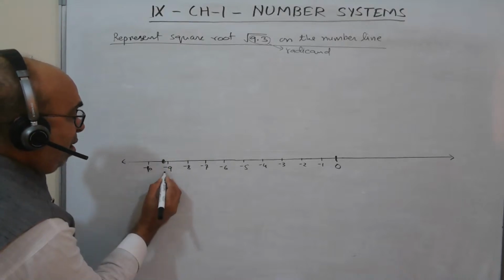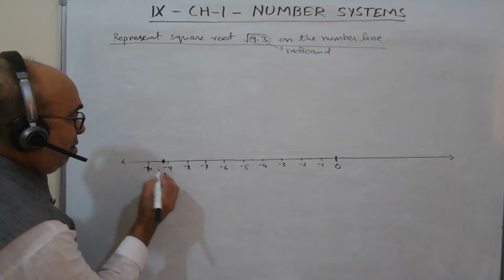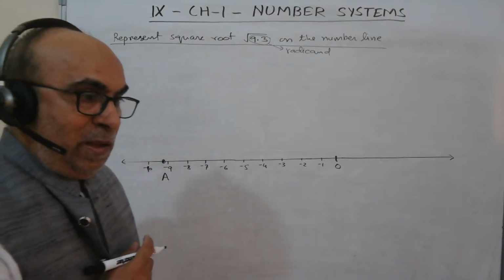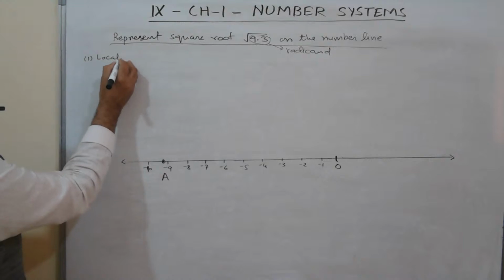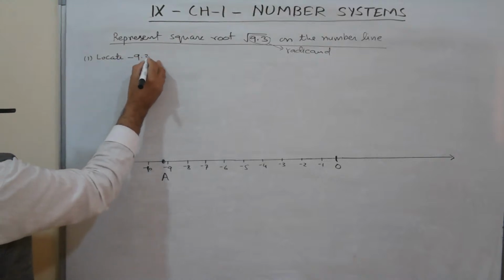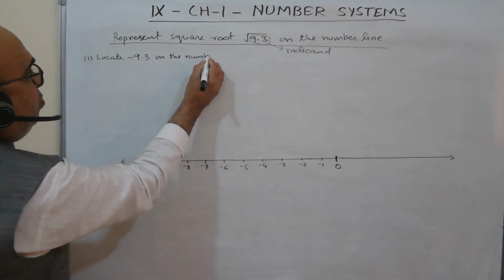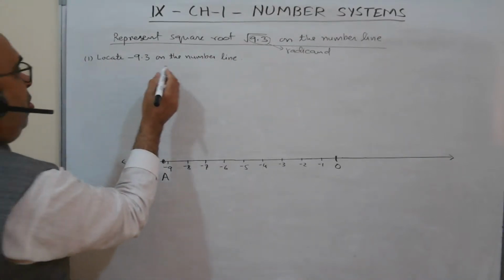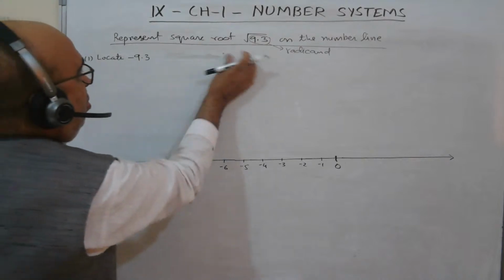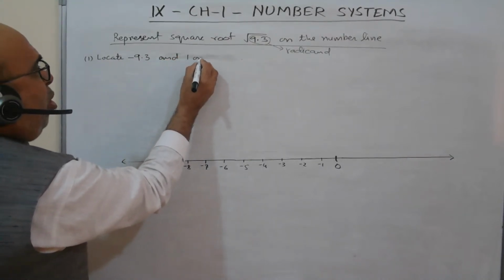I mark here, and this point I will say it is A. So first step, locate -9.3 on the number line, and 1 on the number line.